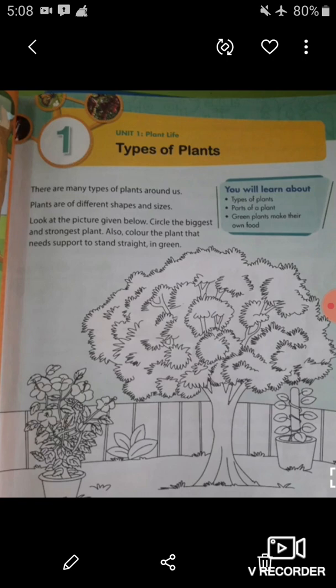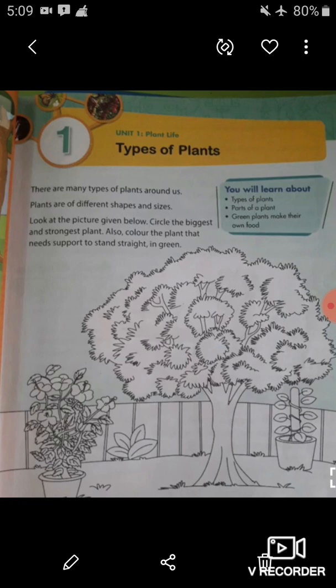Some plants also have weak stems and they need the support of other plants or a wall, and some plants also grow along the ground. So students, in this chapter we are going to know about the types of plants.